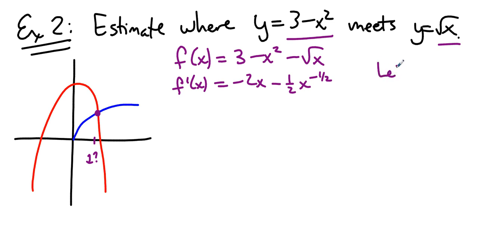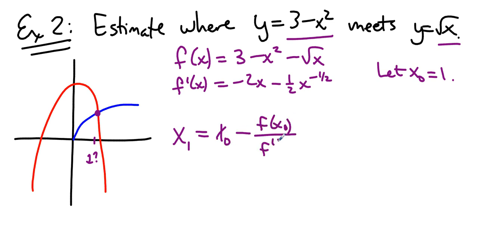So we will let x naught equal 1 and see where that goes. So our first approximation is x0 minus f of x0 over f prime of x0. That's 1 minus f of 1 over f prime of 1. And this actually happens to be 1.4.